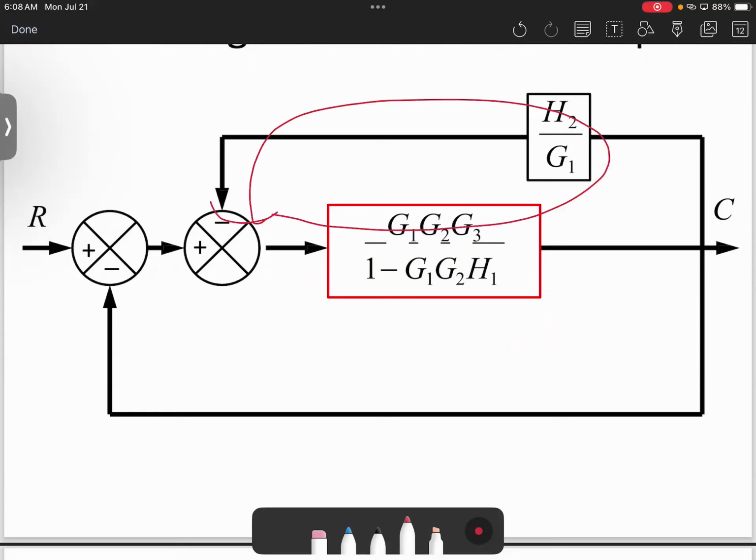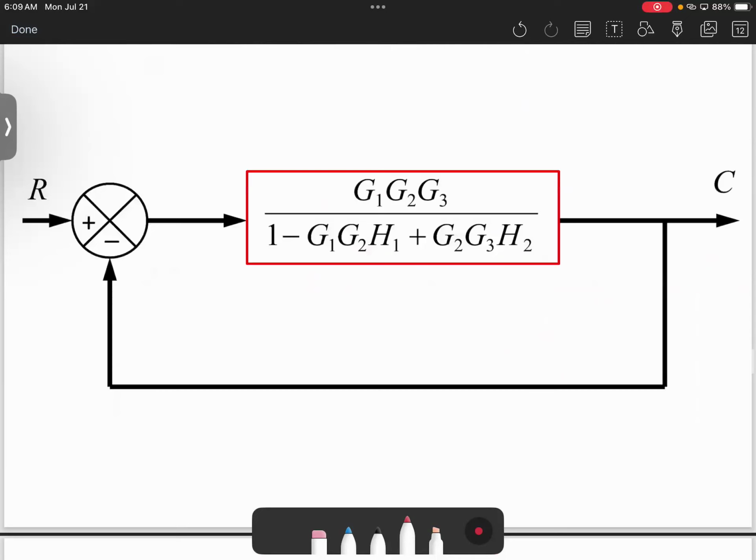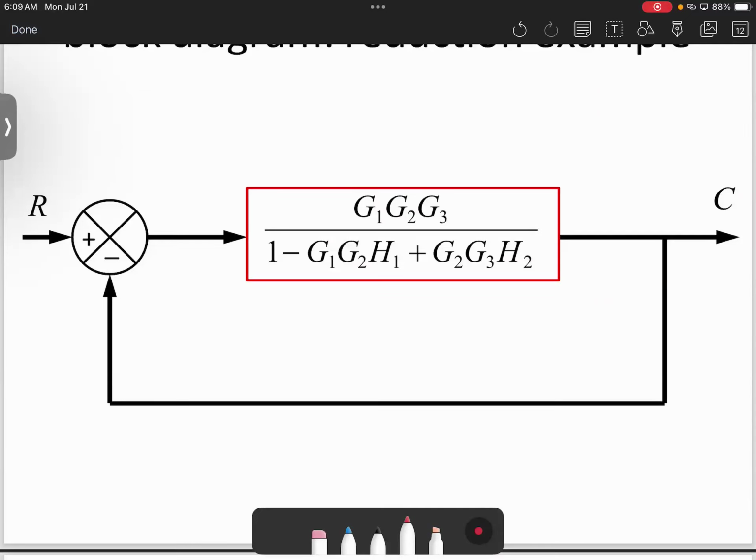Let me call this one X1, and this X2. So it will be X1 divided by 1 plus X1 X2, right? Then it will be combined like this. After that, it's a single loop with unity feedback. Therefore, if we assume this as X, it will be X divided by 1 plus X, right?